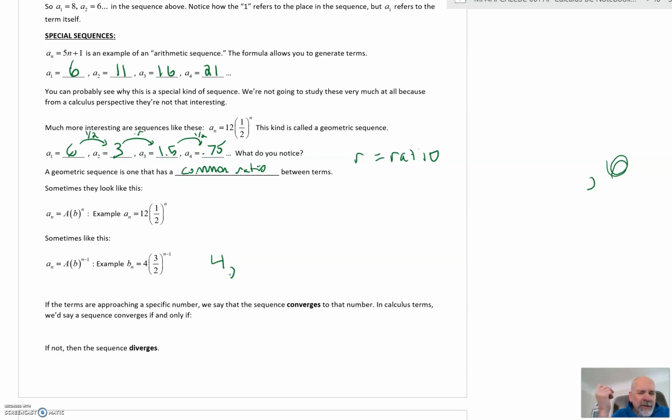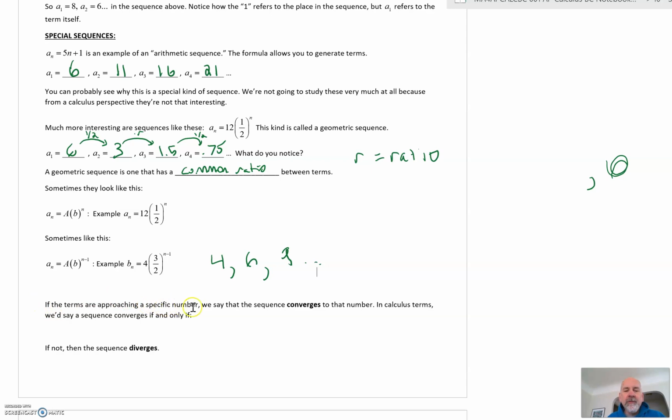And then the second one would be 3/2 of that, which is 6. And then the next one is 3/2 times that, which is 9, I think. And so on. And so that one is one that's growing. That's okay. As long as it's got a common ratio, it's geometric.